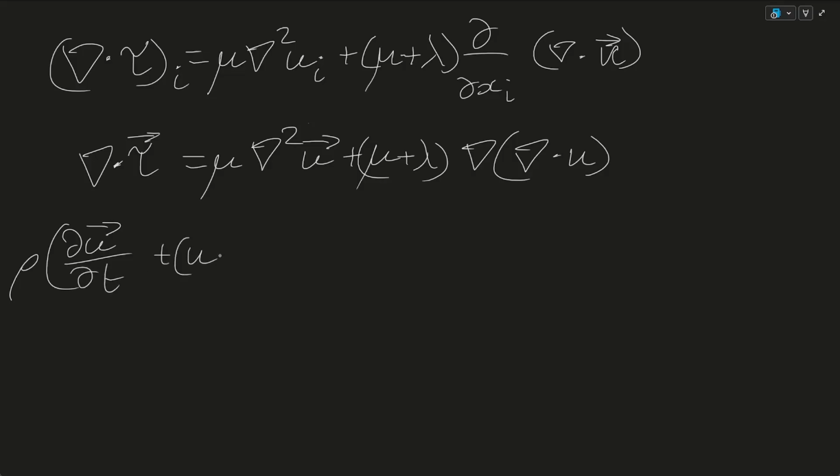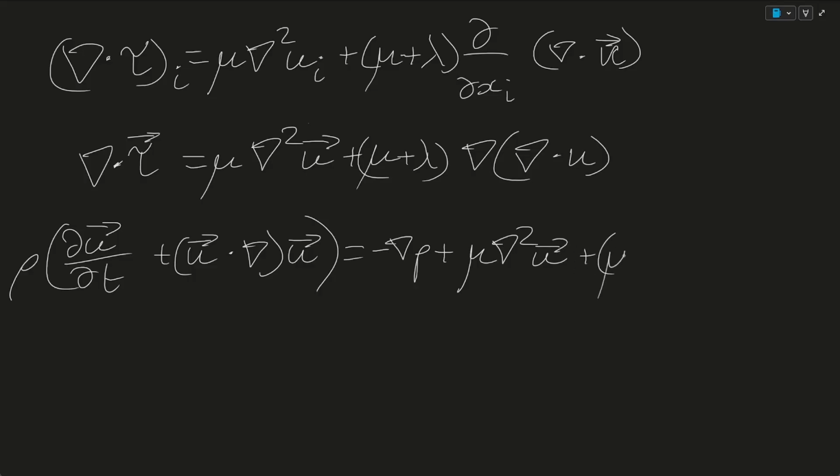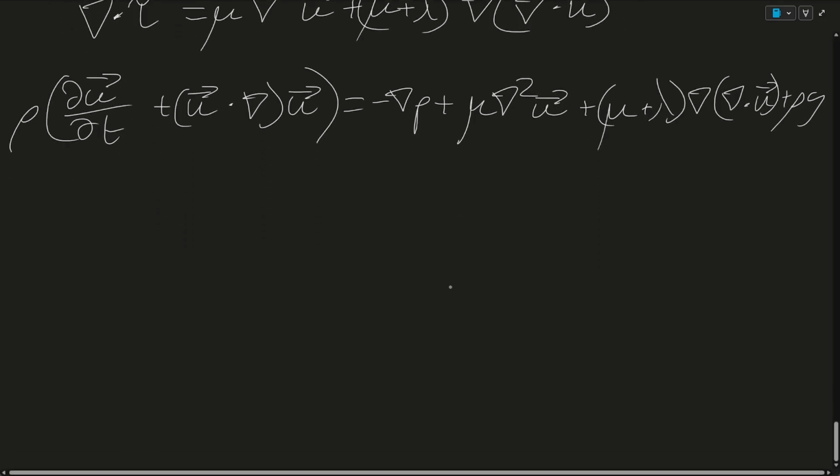I didn't like that. I think it should be free. Du/dt is minus del p plus mu Laplacian of u plus mu plus lambda nabla del dot u plus rho g. Okay, there's enough space for everything.